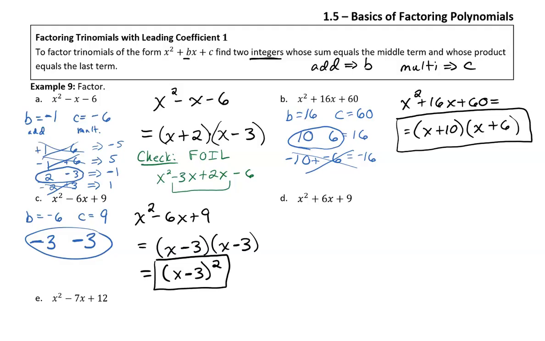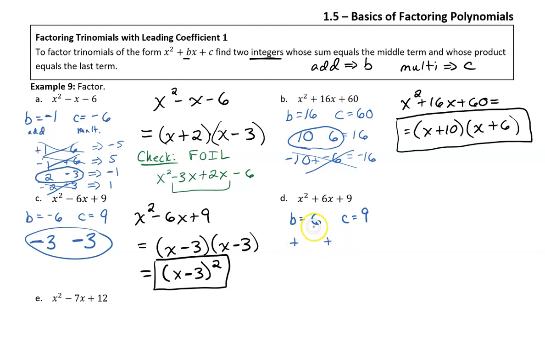So similar numbers. Our b value this time is a positive 6. Our c value is a positive 9. So that's telling me something. The signs are helping me to eliminate some possibilities, concentrate on others. Because I multiply to give me positive, and when I add them, they're both positive, I know both of my numbers should be positive.